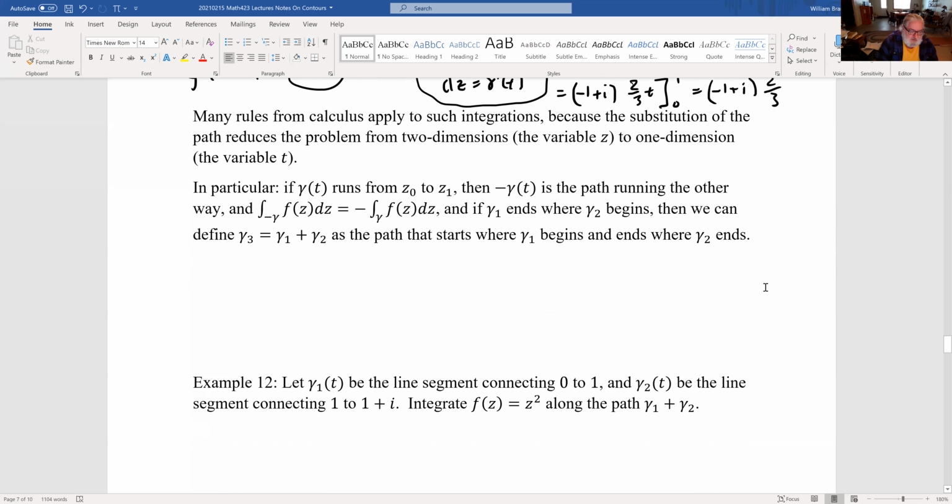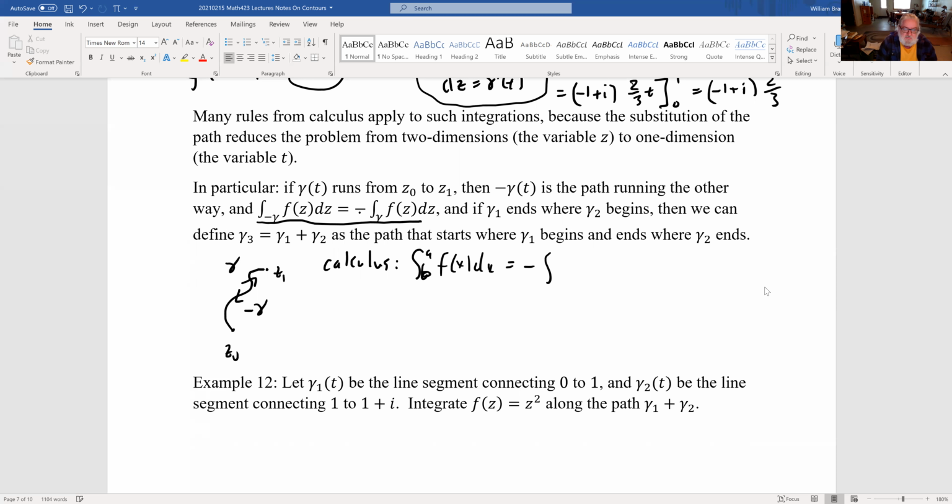So if we have a path that runs from z0 to z1, like that, and that's gamma, the path running the other way is denoted minus gamma, and you have the usual rule from calculus that if you reverse the direction, you introduce a minus sign. So from calculus, you have the integral from b to a of f of x dx equals minus the integral from a to b of f of x dx.